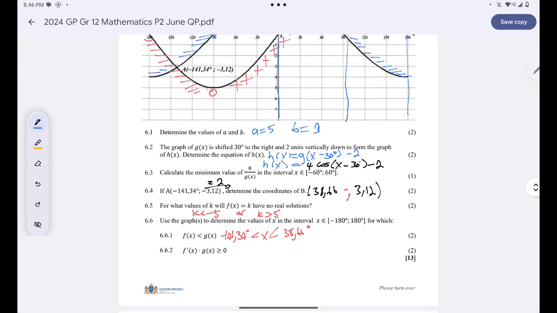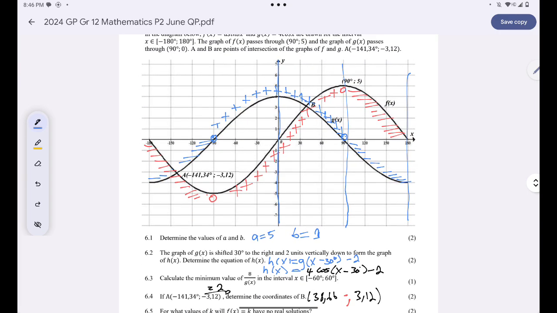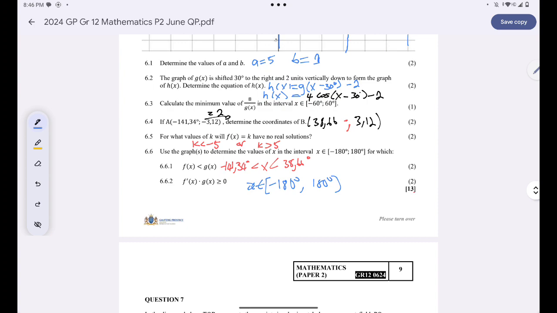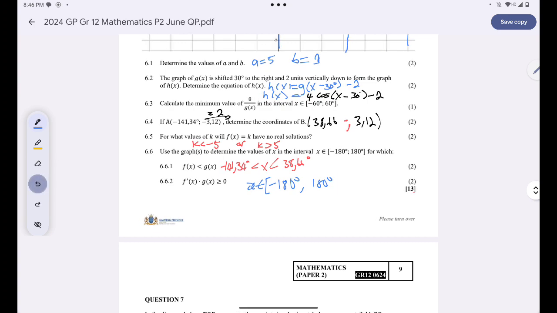So here we can just say x is an element of negative 180 degrees and positive 180 degrees, because these two things keep on having the same sign for this entire interval. Altogether, this is not a curly bracket, it is a square bracket as well.